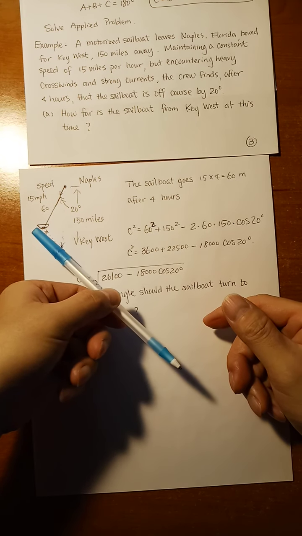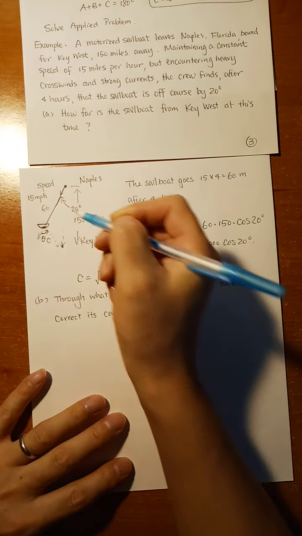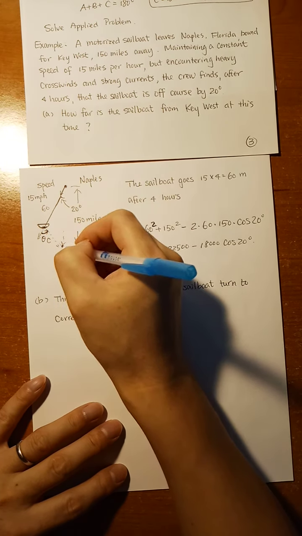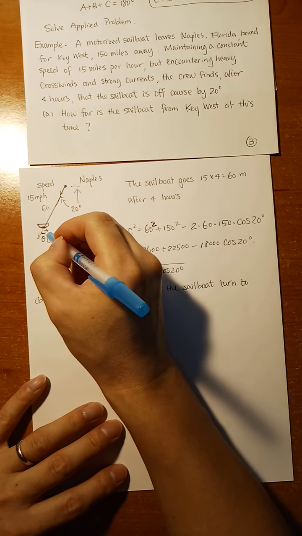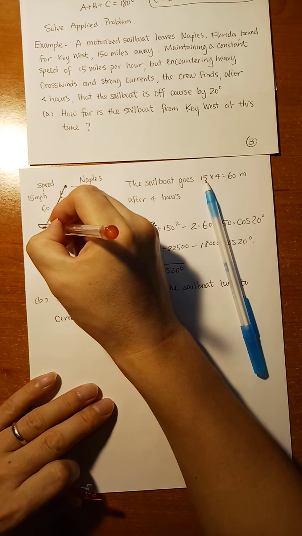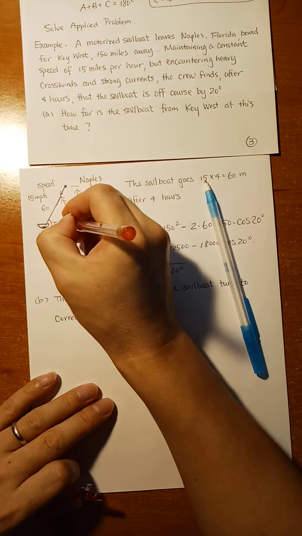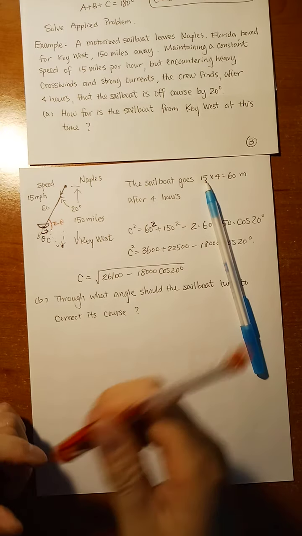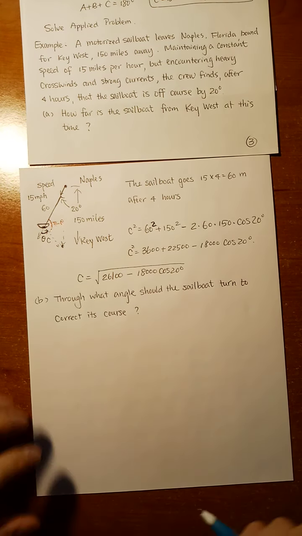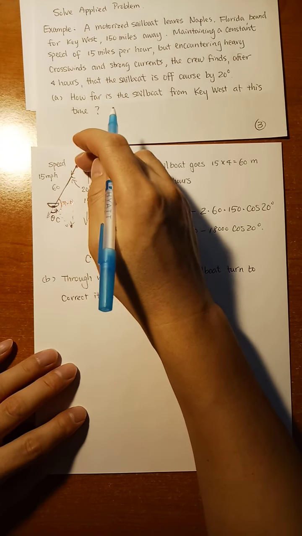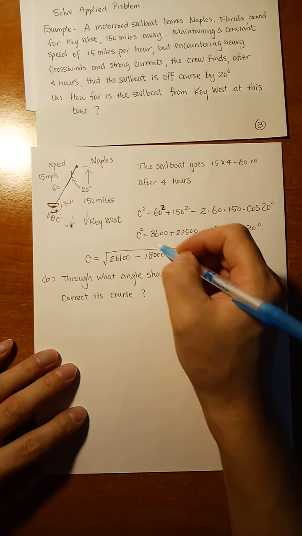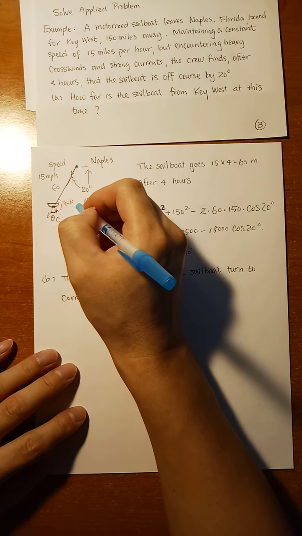So let's call this theta. This theta is not in the triangle, it's outside the triangle. So here's theta, then this angle is pi minus theta. If we know the internal angle, we know the external angle. So this is 150, 60, and this is C, so we can determine the angle pi minus theta.